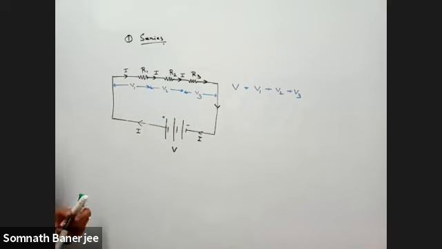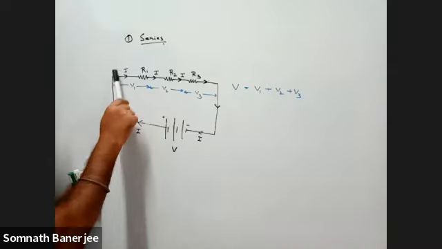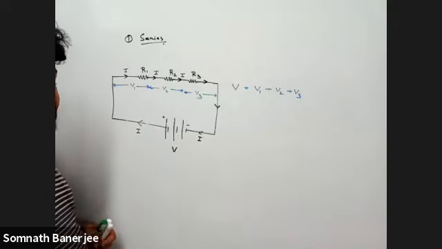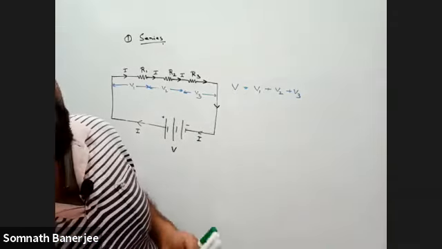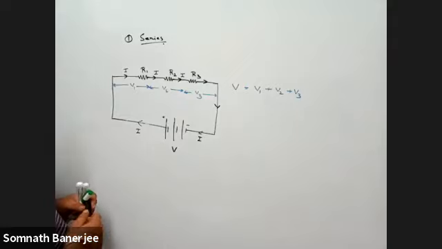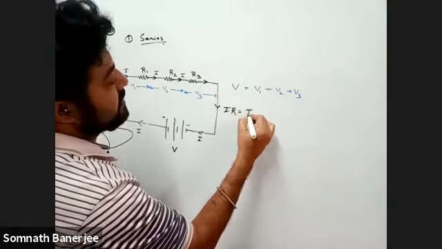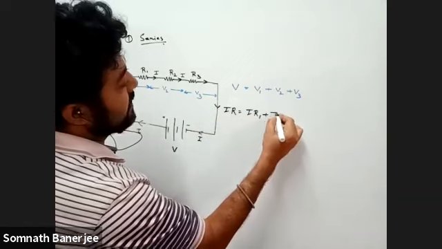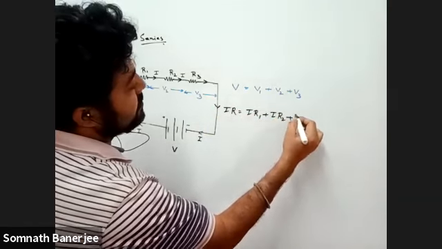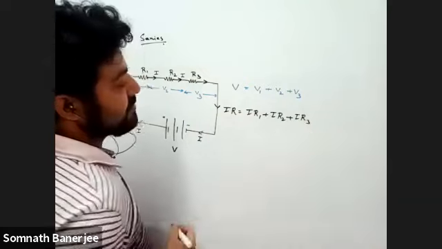Now let R be the equivalent resistance, that means instead of these 3, if we use one resistance, capital R, we get the same value. So what we can write? We can write current into resistance, that is current into resistance 1, plus current into resistance 2, plus current into resistance 3.